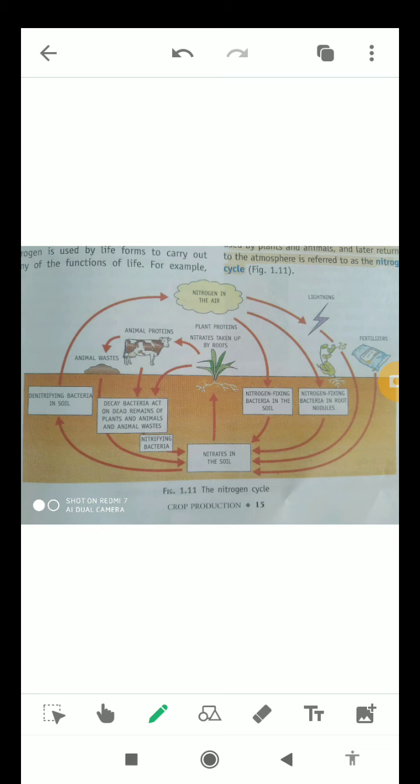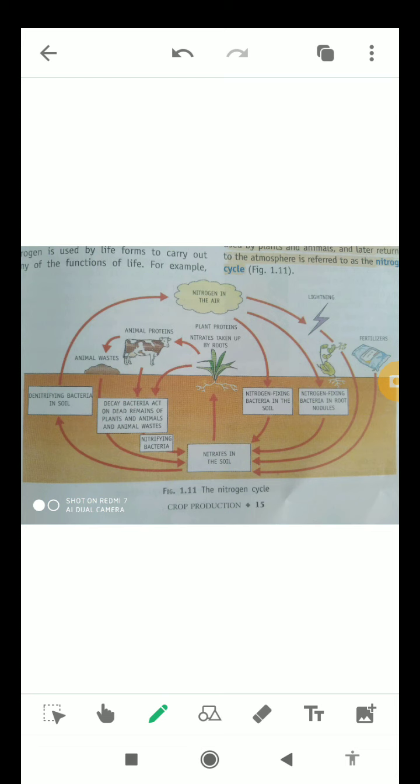Okay, apart from this, nitrogen is used by decay bacteria that act on dead remains of plants and animals and animal wastes. And apart from this, the denitrifying bacteria in soil are also there.